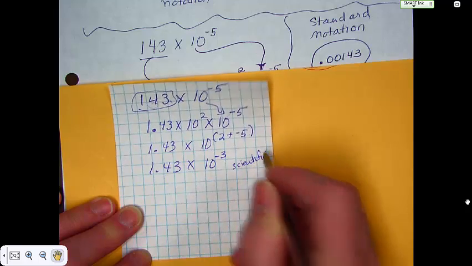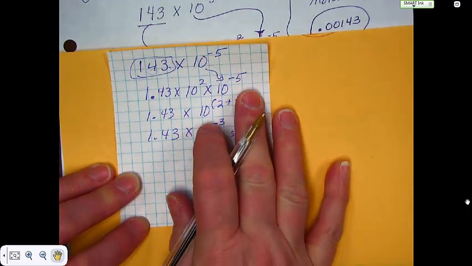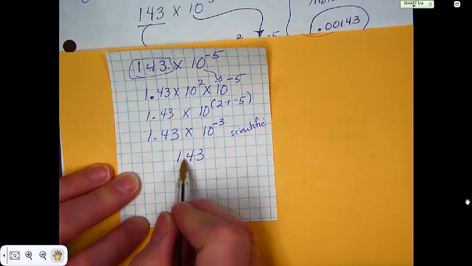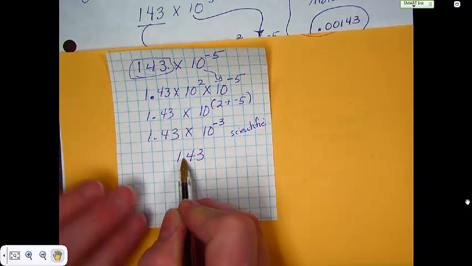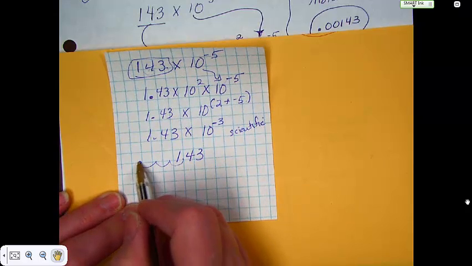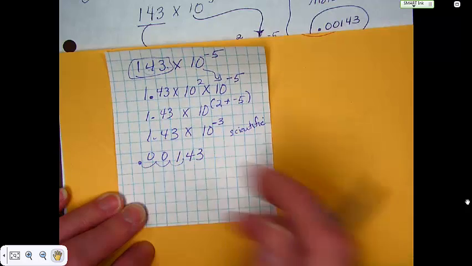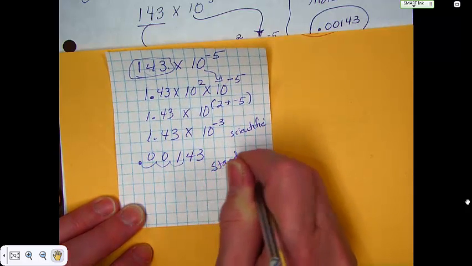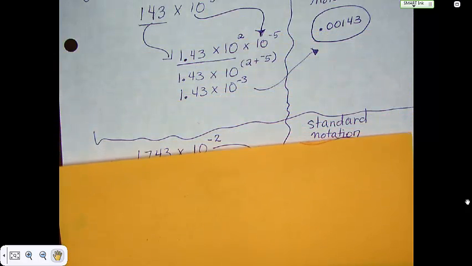It is the true scientific. You go to write it in standard form, you're going to go 1, 4, 3. Here's your decimal place. You have to take it 3 to the left. So 1, 2, 3. Put in your zeros. And here's your standard notation. Okay? And there's the work for that.